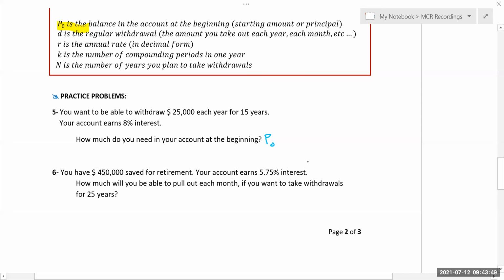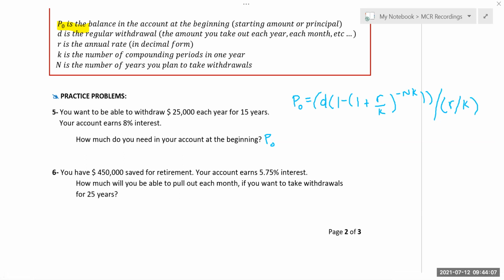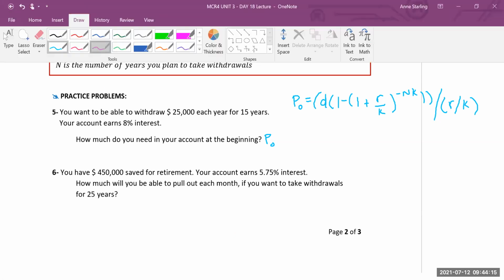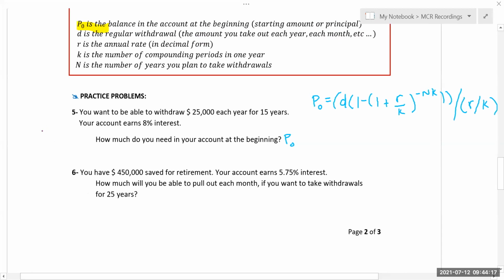So for the formula, we've got the P0 equals D times 1 minus 1 plus, and you just worked with these formulas when we were looking at how to work the calculator. So hopefully that'll make it a little bit easier to type these in. And now we're going to plug in everything we have. So our D value from here, let's actually put in what these are over here.